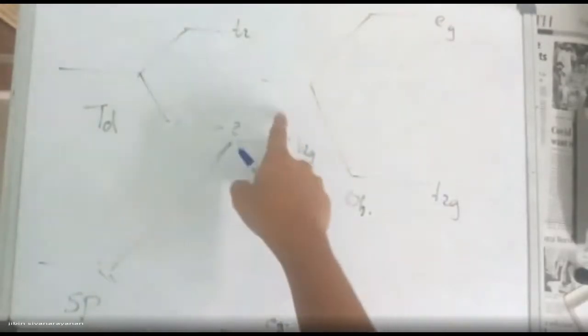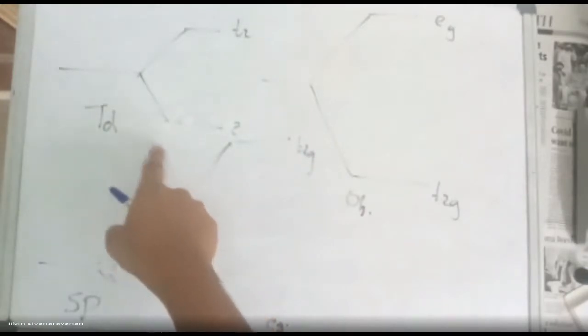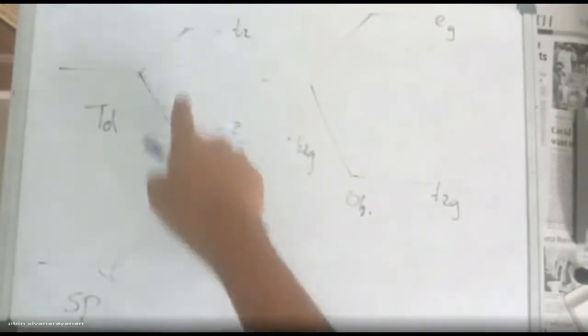That is the question. This defines whether the complex is low spin or high spin. If that electron pairs in the first orbital, then it is called a low spin complex. If it goes to the higher one, it is a high spin complex.